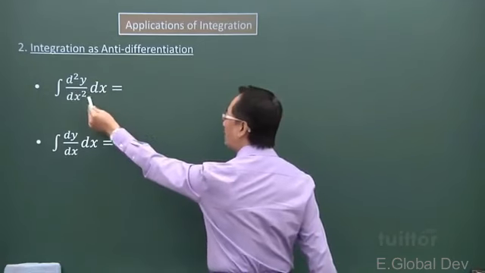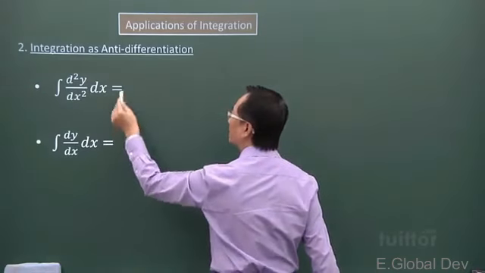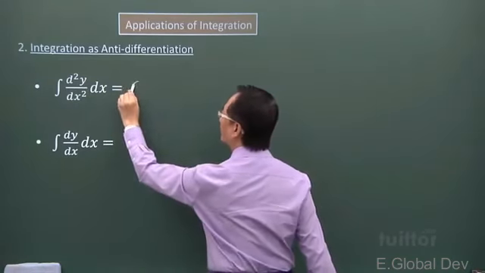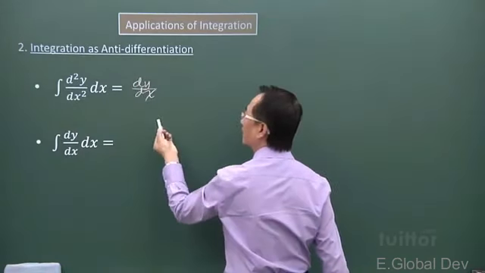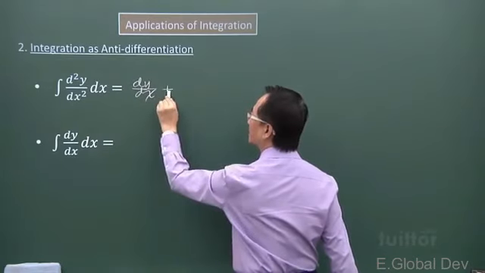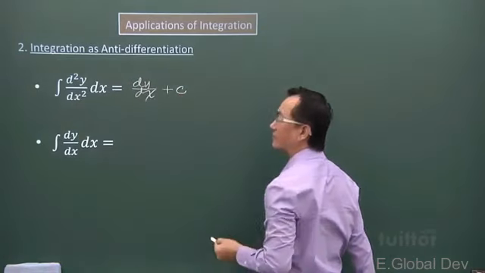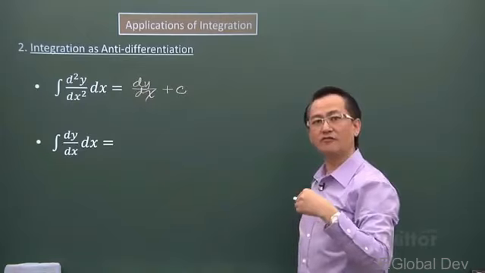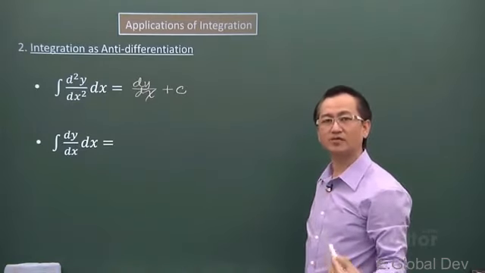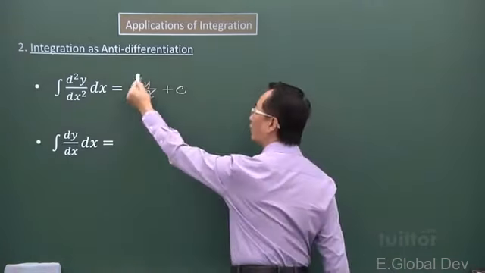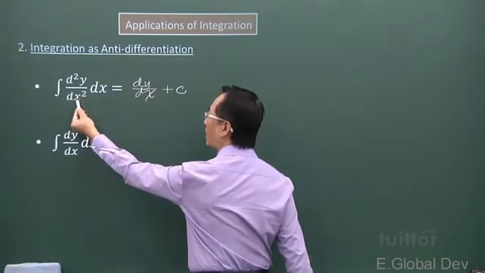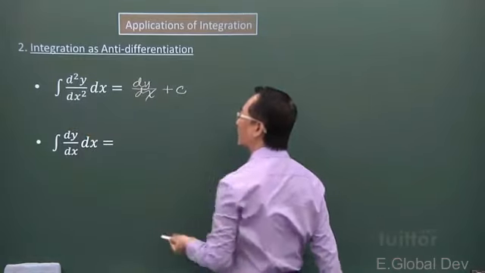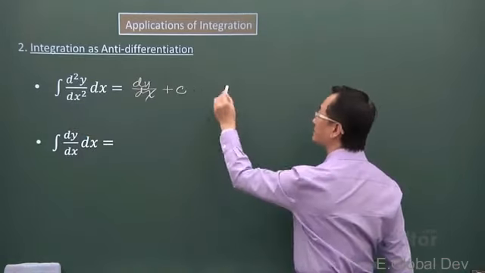If I integrate that function, then I will have the first derivative plus c. So if you differentiate with respect to x of dy over dx, then you will get d squared y over dx squared. Let me write it for us.